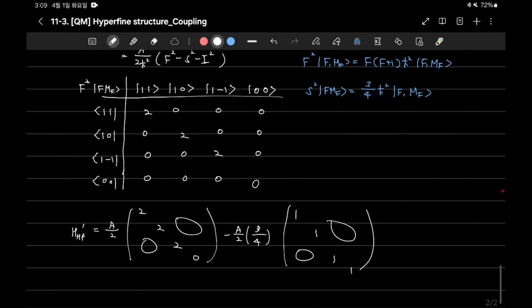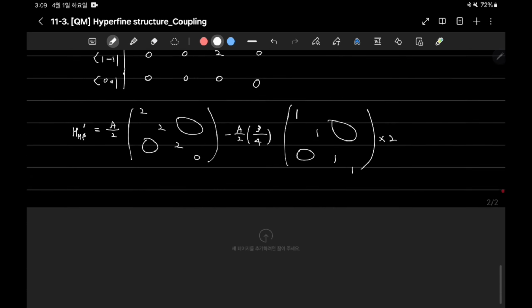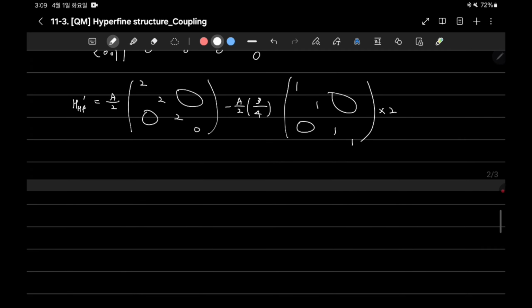I square is the same, so it should be times 2. When you calculate, the result is A over 4 for the three states and minus 3 for the last, and the off-diagonal terms are 0.